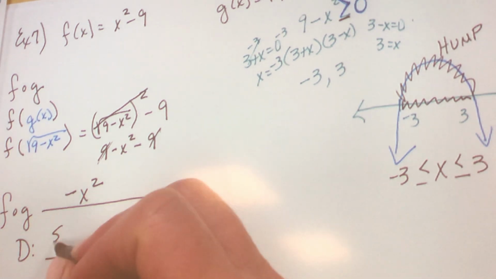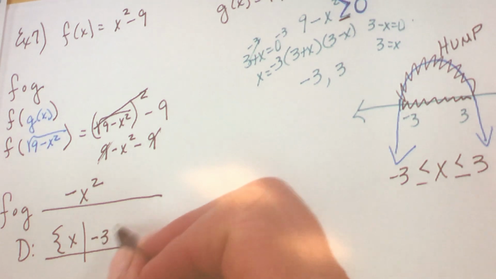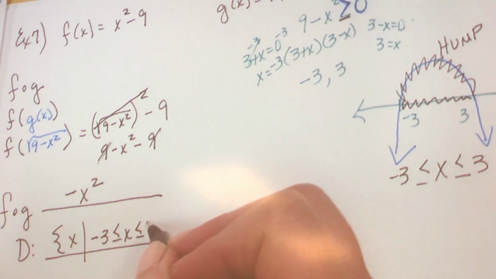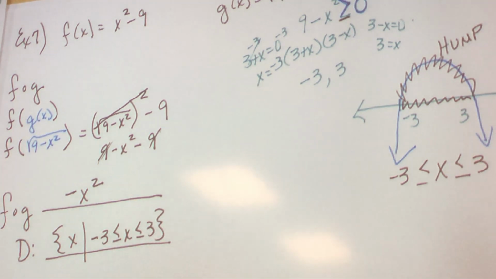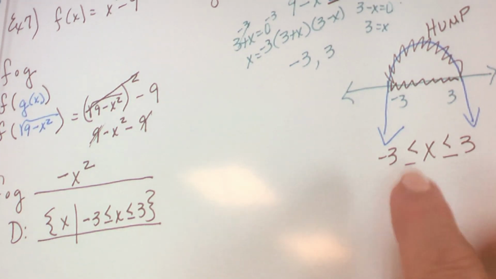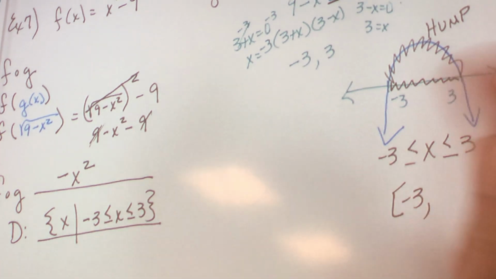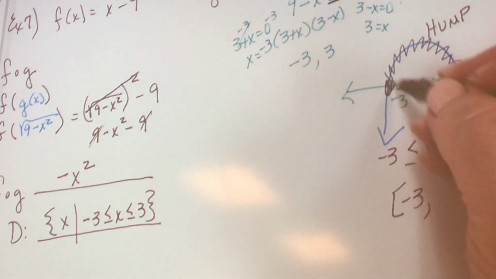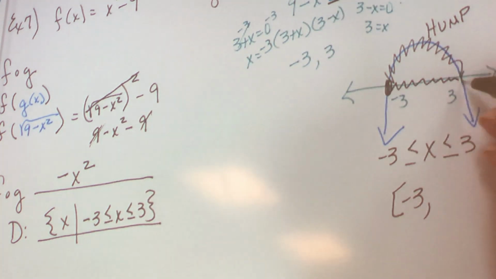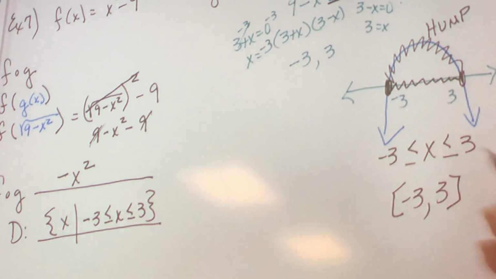So in set notation, you just go any x such that, and you write that down. In interval notation, it's from -3 to +3, inclusive. These are solid dots because of the or equal to.